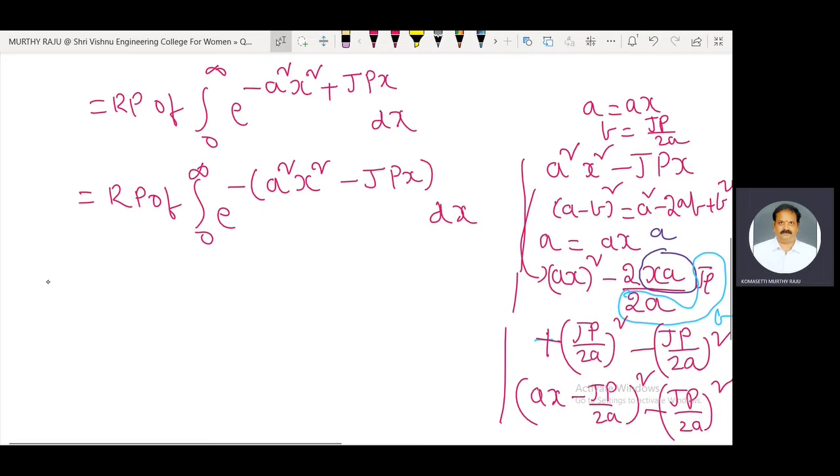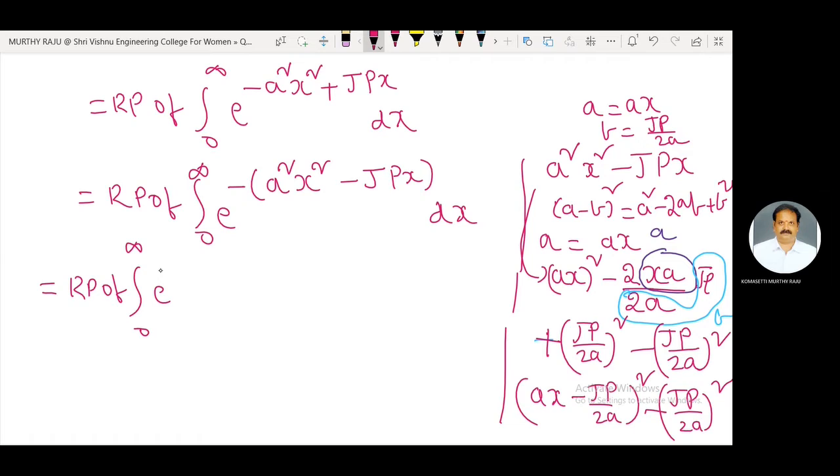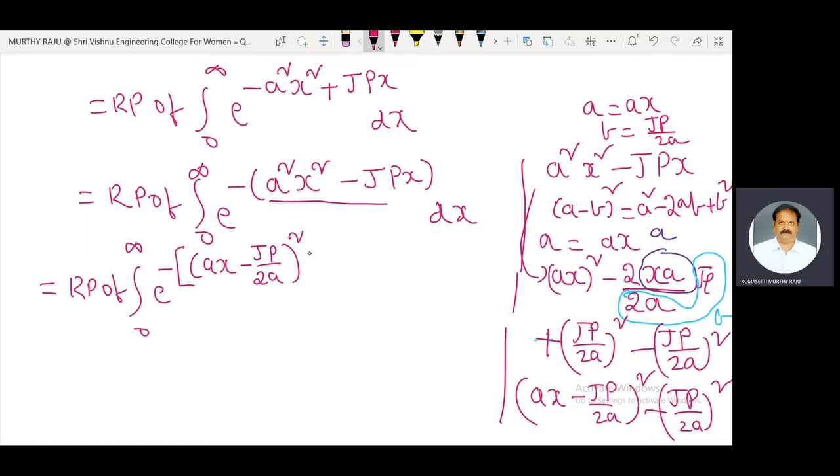Substitute here in this expression: the real part of 0 to infinity e power minus, this entire one is replaced with this expression, ax minus jp by 2a whole square minus jp by 2a whole square, into dx.